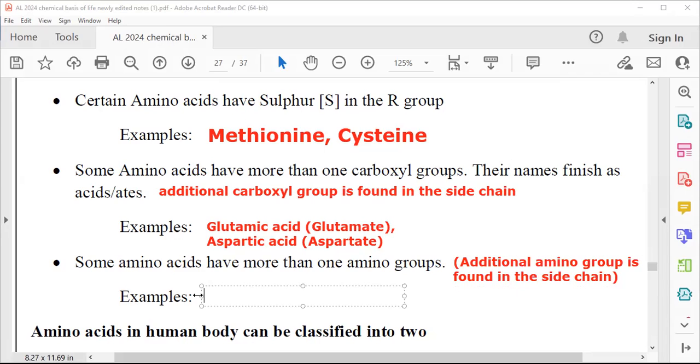One is arginine, lysine, histidine. Clear? Are you clear? Clear, sir. Good. Please mark the details.